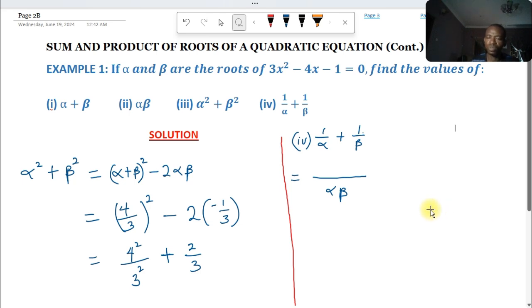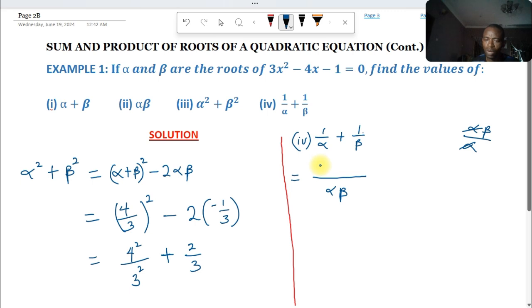All right, so let's proceed. Now alpha will go in alpha beta. What do I mean by that? If I have alpha beta divided by this alpha, all I'll be left with is beta.